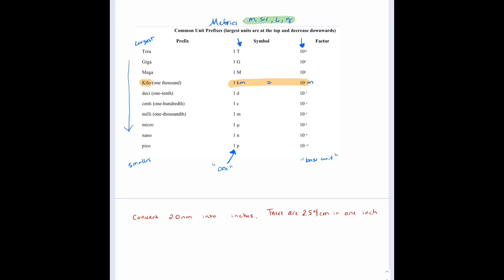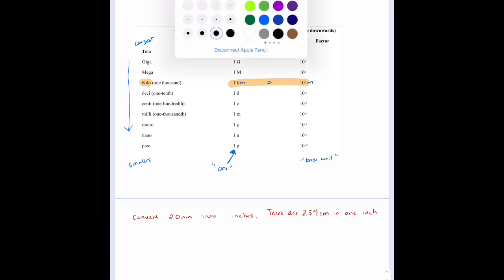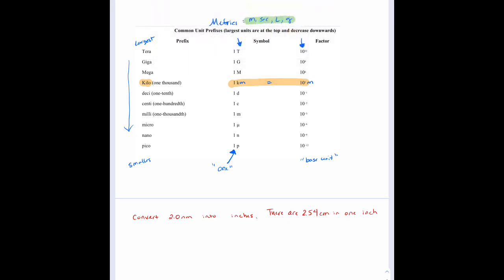We'll do a different one. Let's say I want to do a microsecond related to a second. Here's micro, and we're going across. So 1 microsecond equals 10 to the negative 6 seconds, and it works like that. One more.